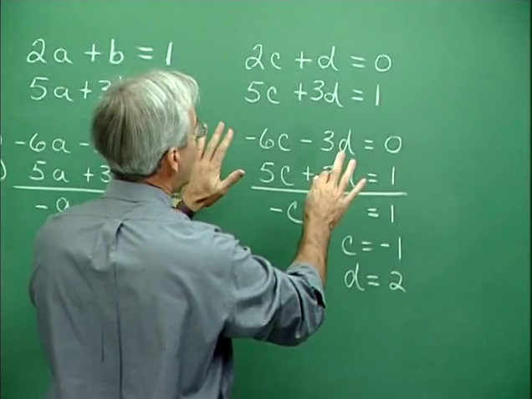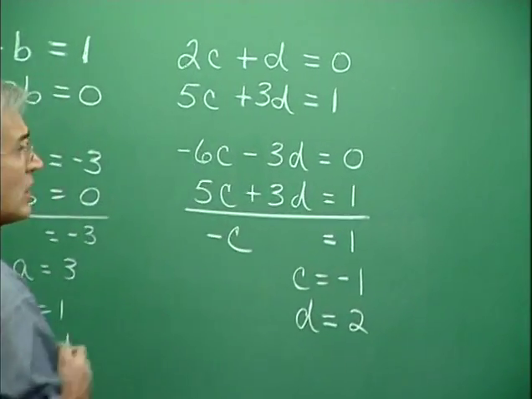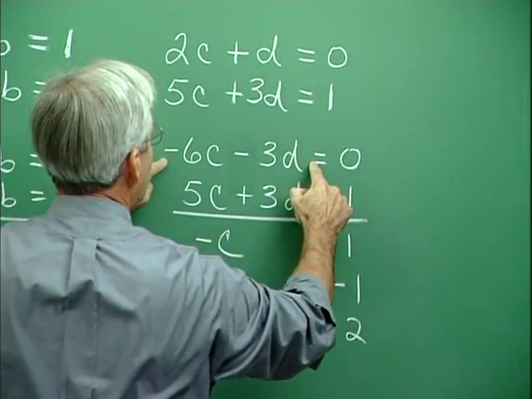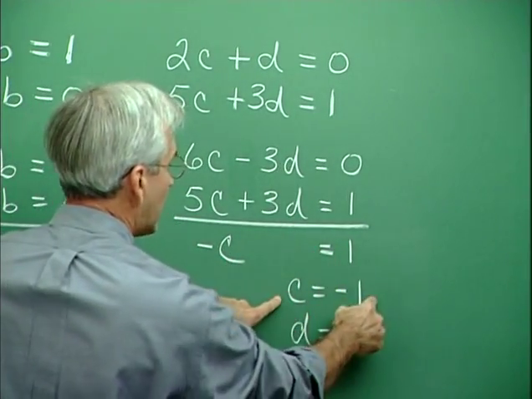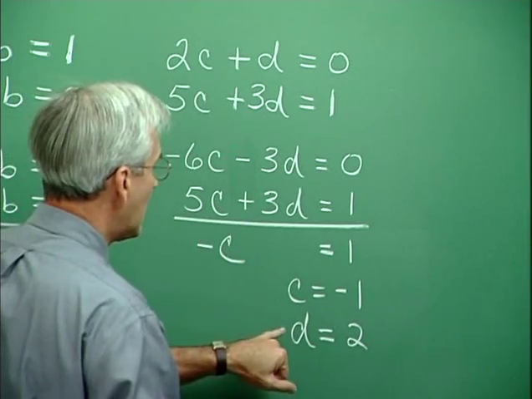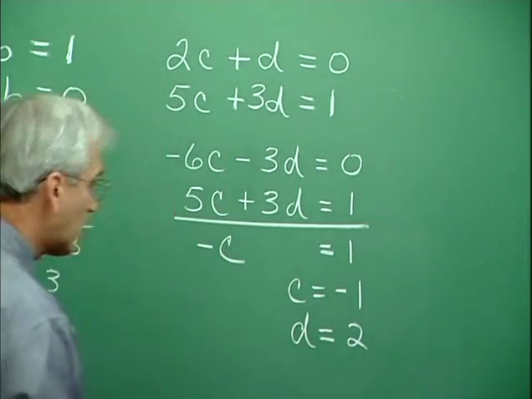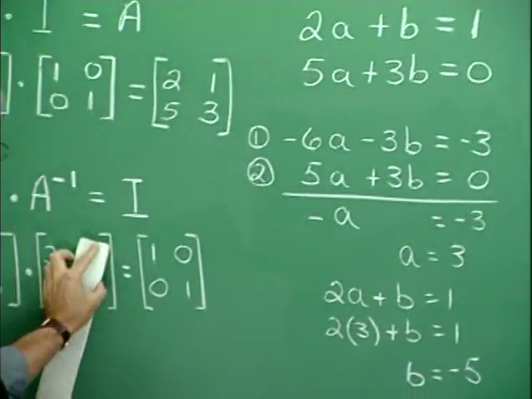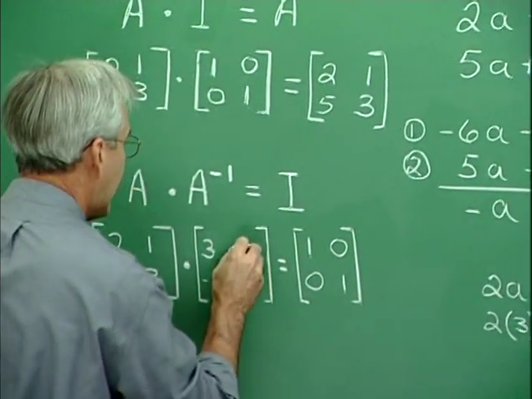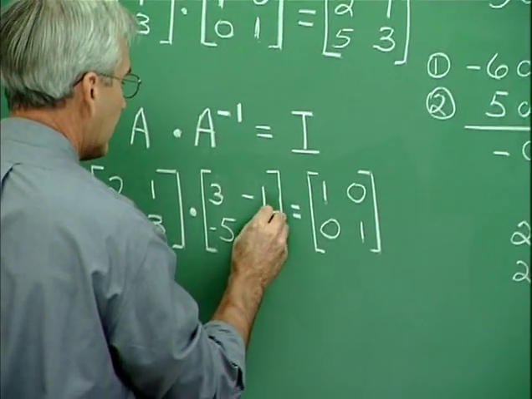If we use the same technique for solving this system of equations, we'll multiply here by -3, and then adding the two, we find -C is equal to 1, or C is equal to -1. Back substitution gives us a D of 2, so we can fill in for C and D. C is -1, D is 2.